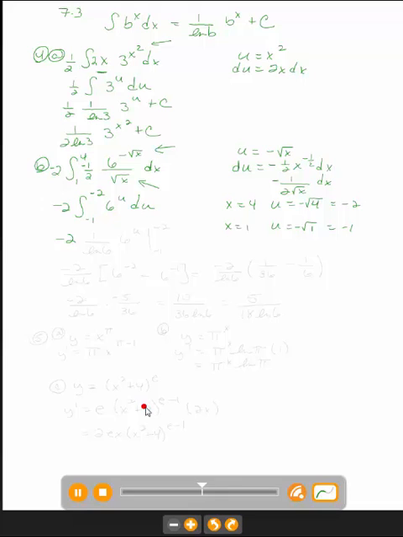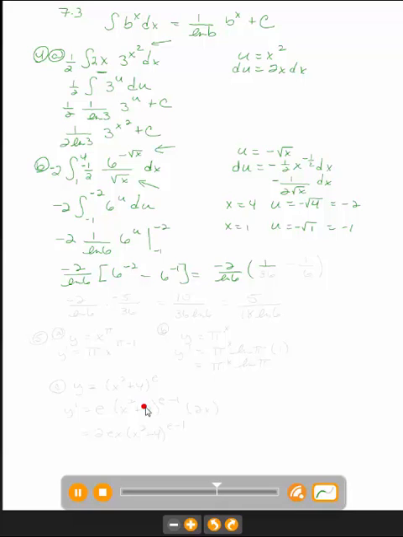Now we're going to integrate, and the integral is 1 over the natural log of 6, 6 to the u, no plus c because we have numbers, and since we changed the x's to u's, we don't have to go back. So this becomes negative 2 over the natural log of 6 times 6 to the negative 2 minus 6 to the negative 1, which would be negative 2 over ln of 6.